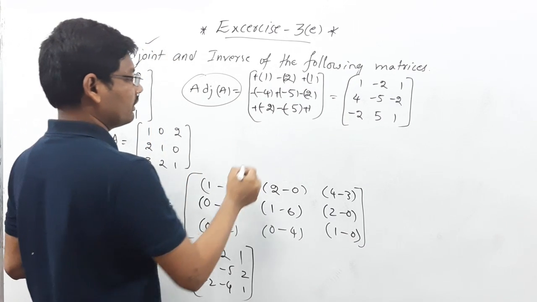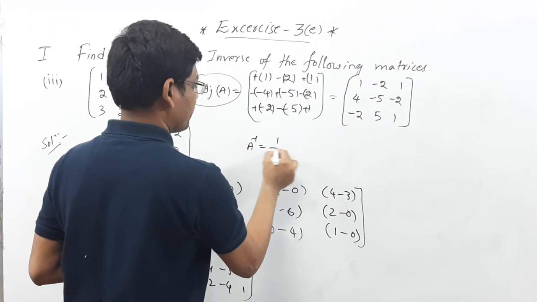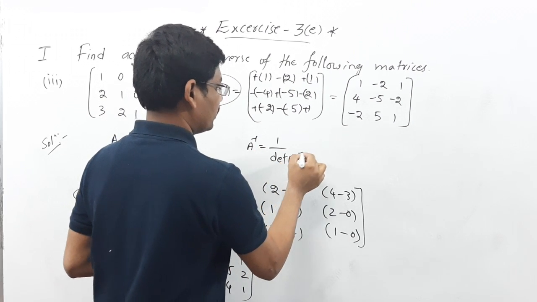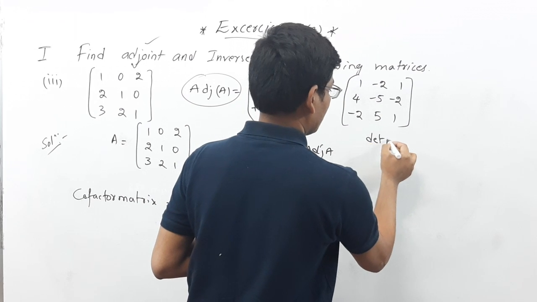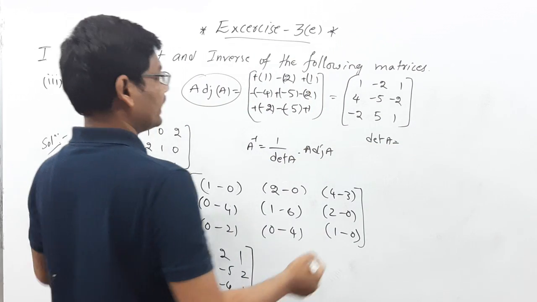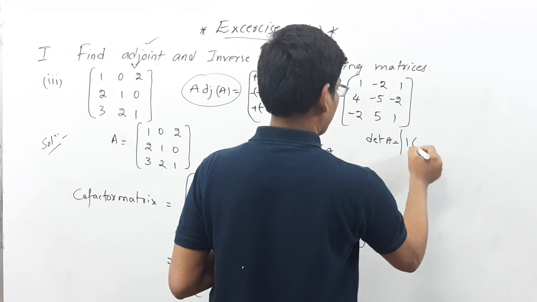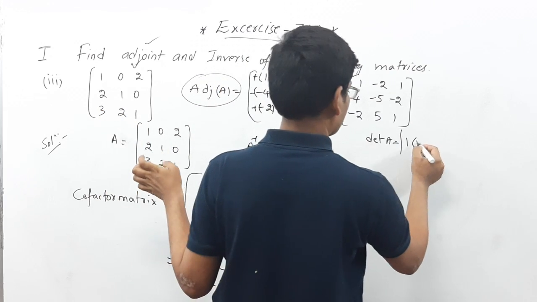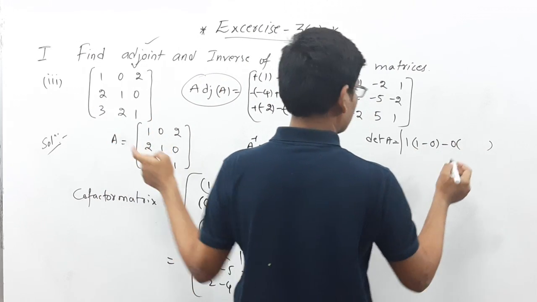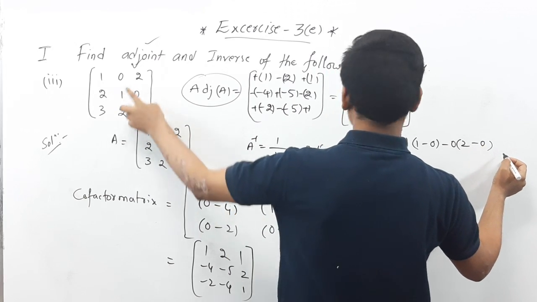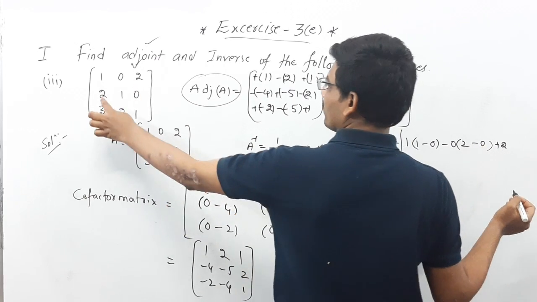And next, the inverse. A inverse is equal to 1 by det A into adjoint A. Now we need to find det A. Det A is equal to 1 into modulus of 1 into 1 minus 0, and minus 0 into 2 minus 0, and plus 2 into 4 minus 3.